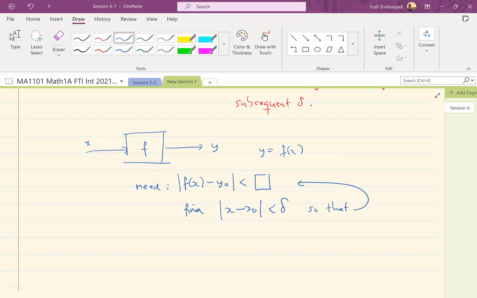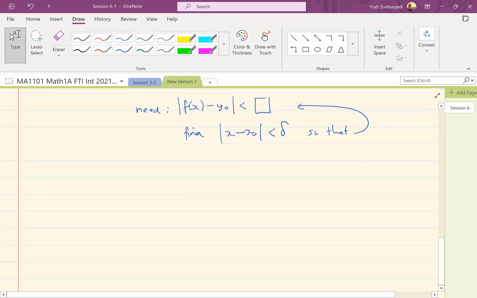Let's start with our limit now. Okay, these notations.